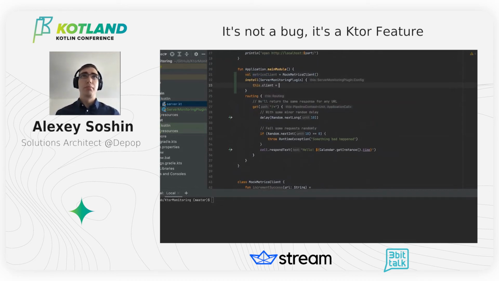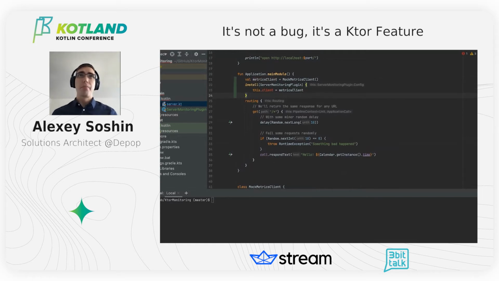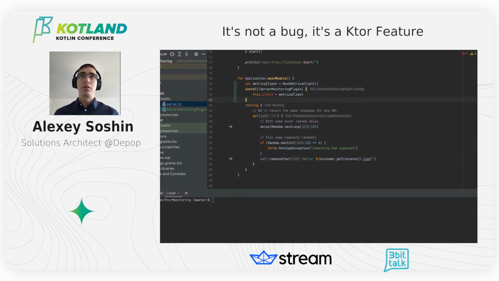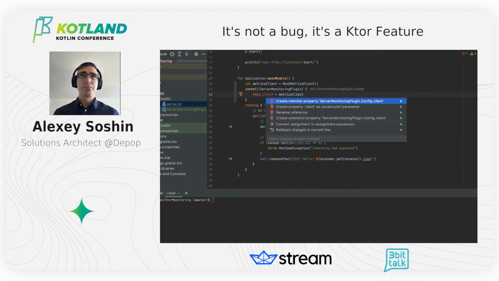So in this block, we want to pass the metrics client to the plugin. Now, in this block, we are in the scope of the config class. You've seen me declare that class as empty a few minutes ago. Now let's add a property to that class.